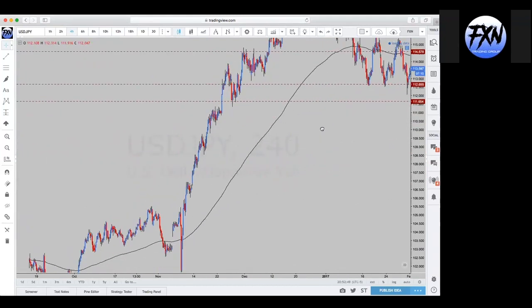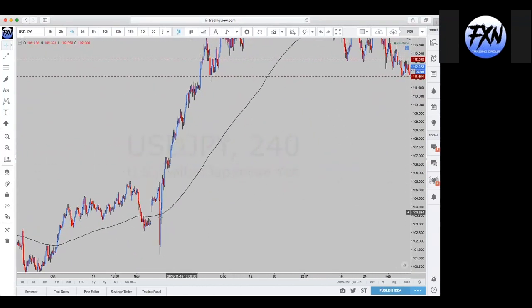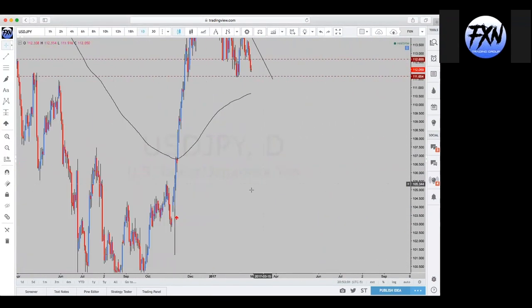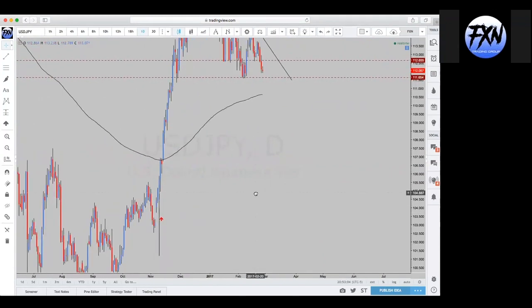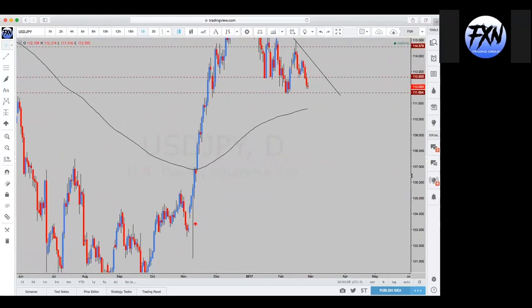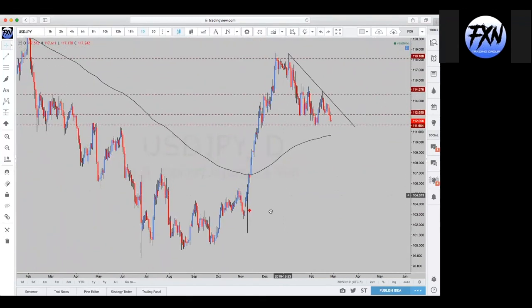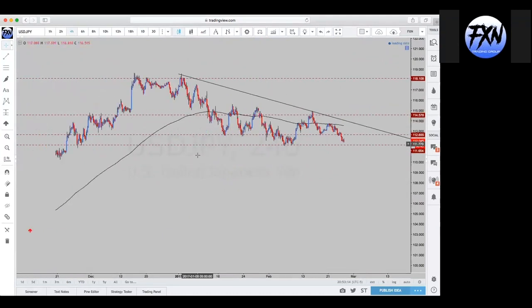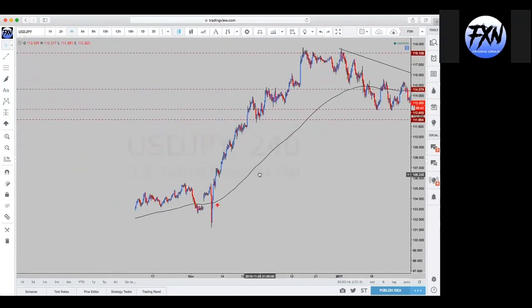So let's take a look at this. You see the EMA line here is going up, right? Well, if you look at it on the daily, here it is on the daily, right? Is it going up as well? It is, right?